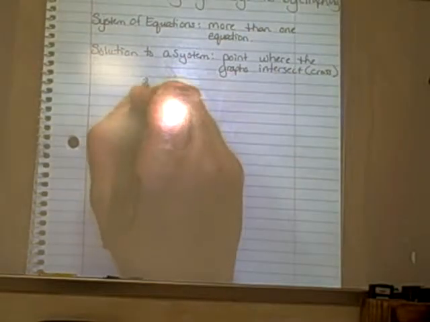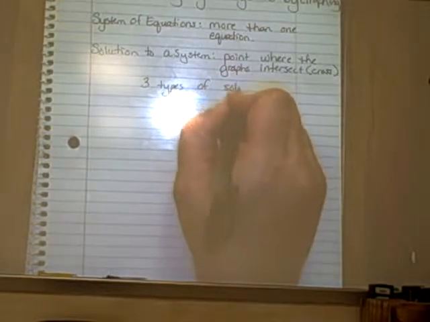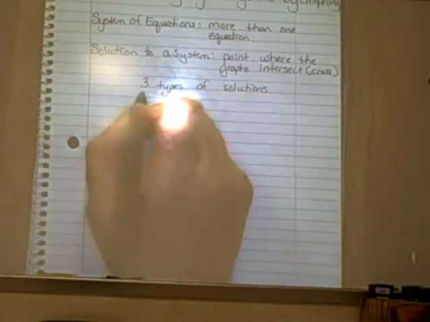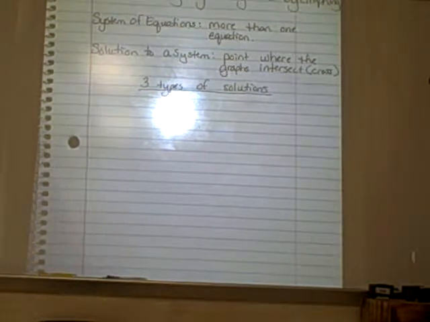So there's 3 types of solutions. And these are all linear equations. So what does that tell you about their graph? If I say they're all linear. Their graph has to be straight. It has to be a straight line. Okay, so linear means a line. So if these are all systems of linear equations, they have to be straight lines.